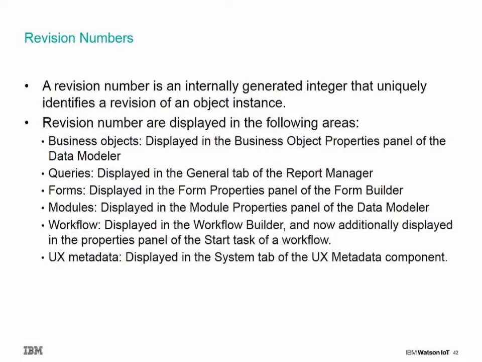For modules, they're displayed in the Module Properties panel of the module definition on Data Modeler. For workflows, they are displayed in the Workflow Builder, and now additionally displayed in the Properties panel of the Start Task of a workflow. And for UX Metadata, they are displayed in the System tab of the UX Metadata component.